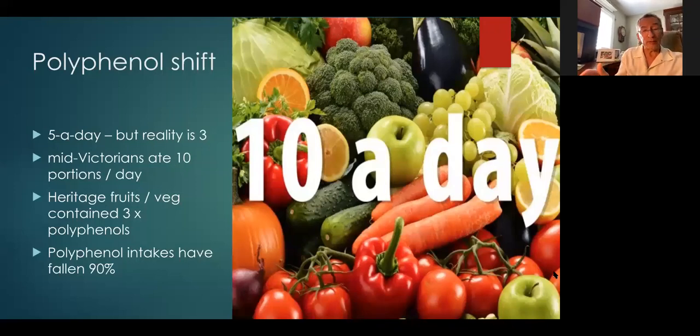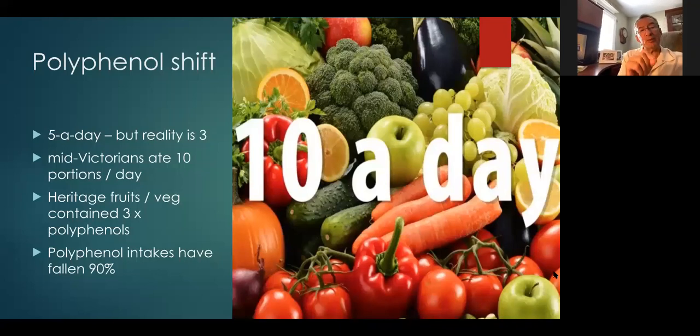But having tried for several months to live and work like a mid-Victorian, very intensive and high levels of physical activity a day, under those conditions, eating 10 portions of fruits and vegetables a day is actually very, very easy. So we're eating on average about 3 portions a day. Our great-great-grandparents were eating about 3 times more fruits and vegetables than we're eating.